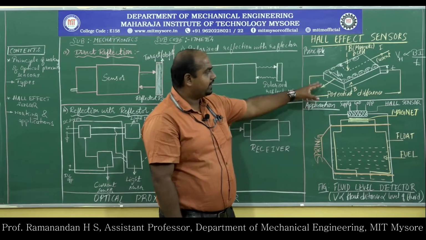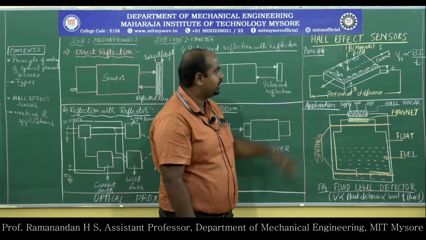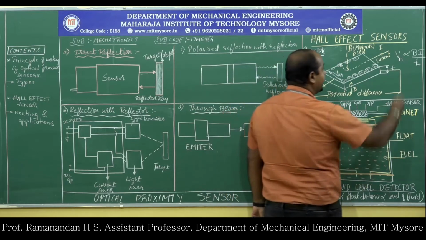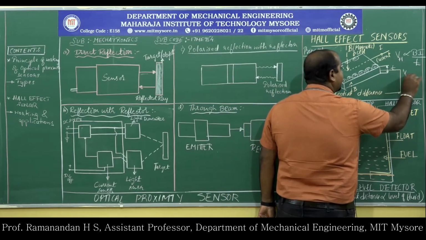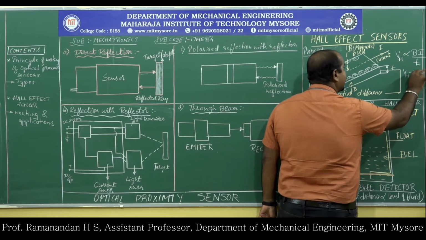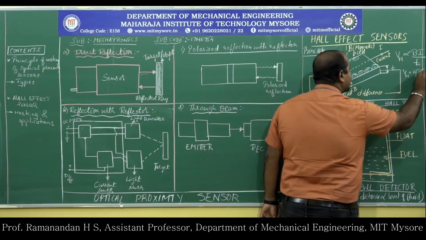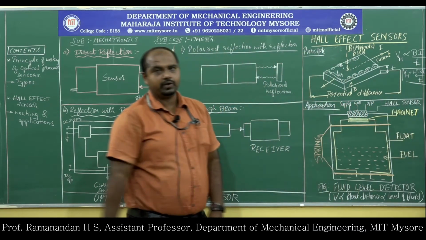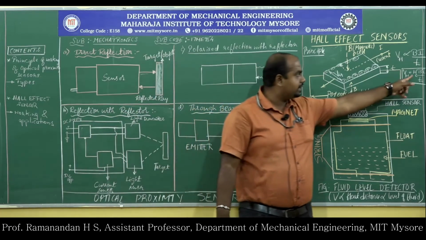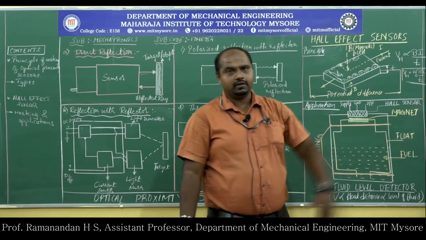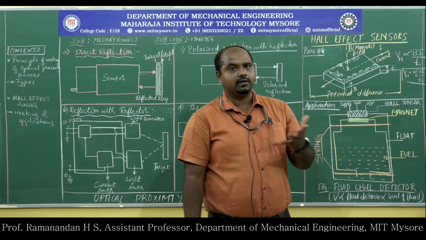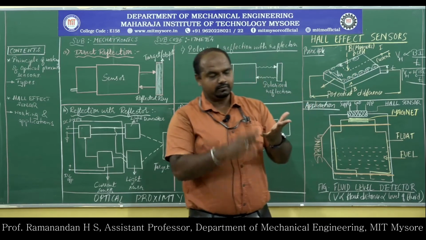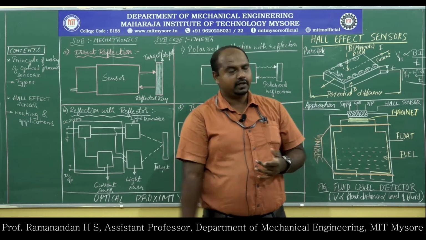So VH is directly proportional to BI by T. If I remove the proportionality constant, it is Hc, the Hall coefficient, into BI by T. This is the standard expression of Hall voltage, where Hc is the Hall effect coefficient. It differs from material to material, and depends on the conductor material, magnetic field, current, and thickness of the conductor.